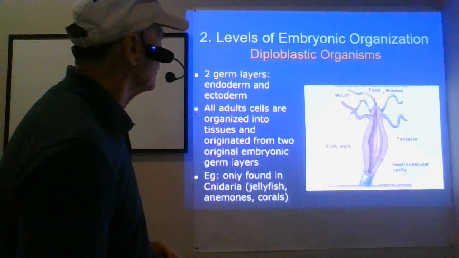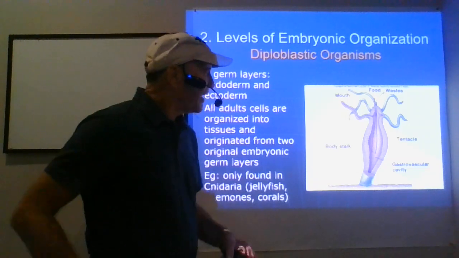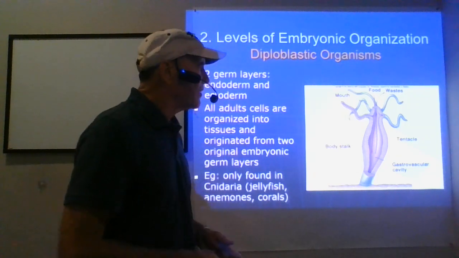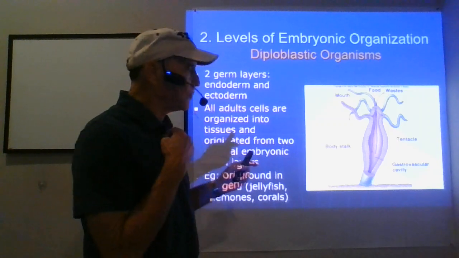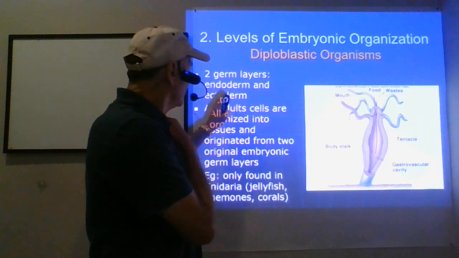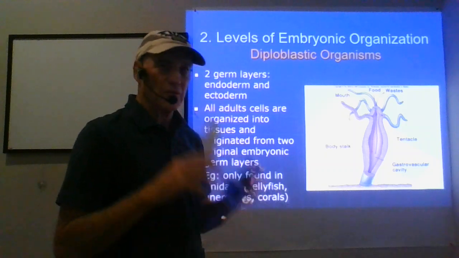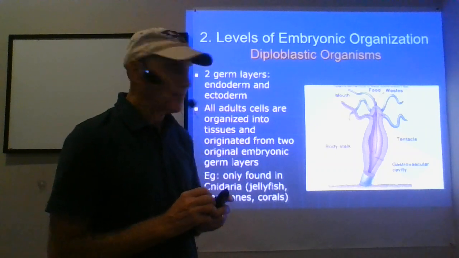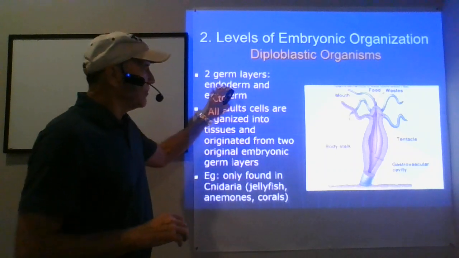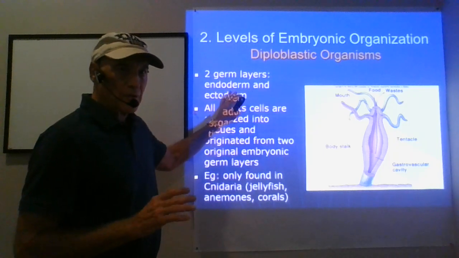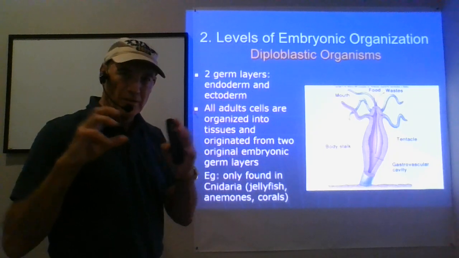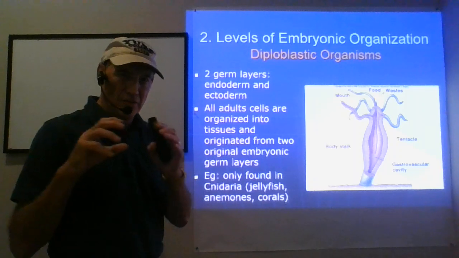A second feature is how the embryos develop. And this particular feature is in regards to the tissues that first develop in an embryo. In the less advanced organisms, the embryos have two distinct differing tissues.